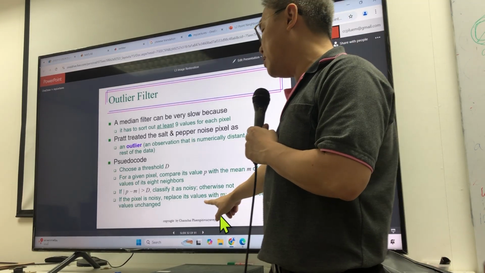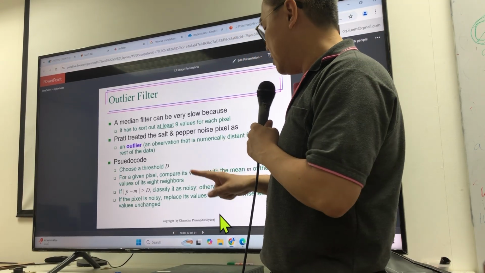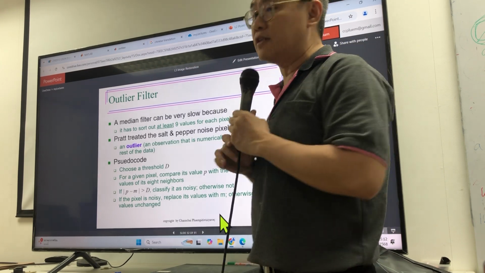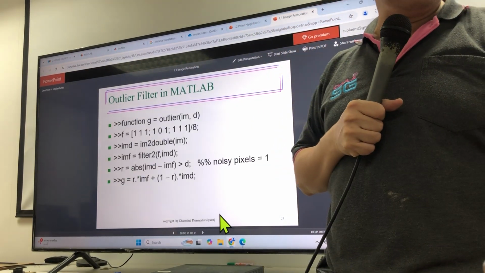Otherwise, if there is no difference, it's not noise, so you leave it as P. It's still not linear, but it's a lot faster.